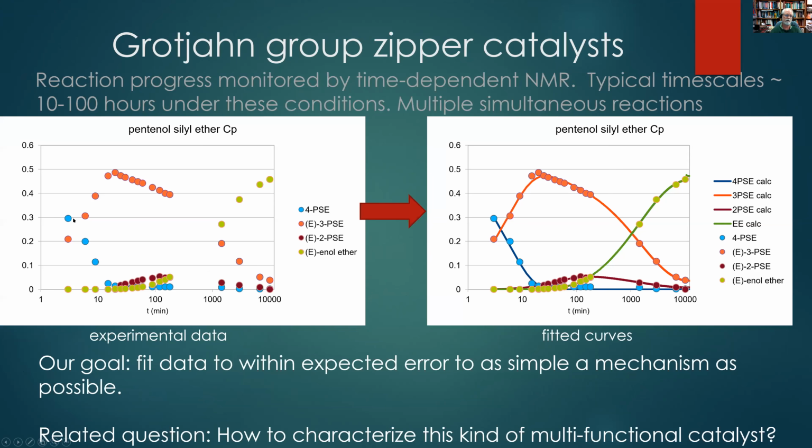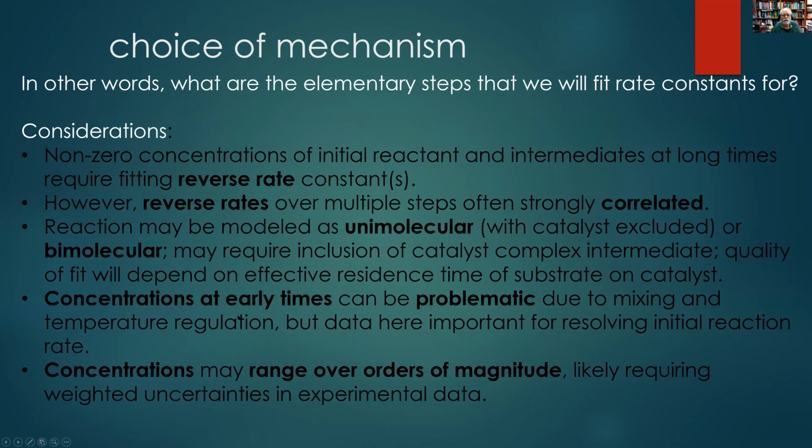I apologize. What we're looking at here are concentrations of reactant and product as a function of time based on the NMR spectrum. So what we're used to is the idea that we could just take that and fit it to an analytic functional form like e to the minus kt or 1 minus e to the minus kt.